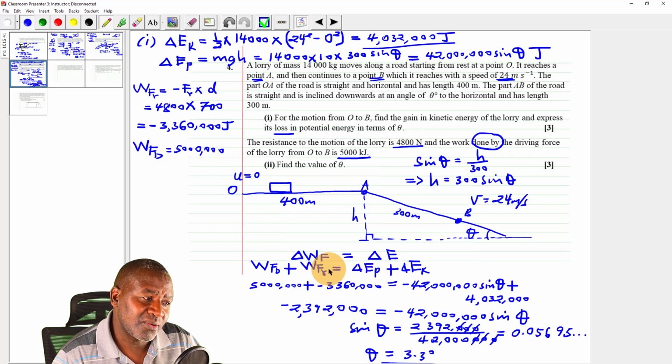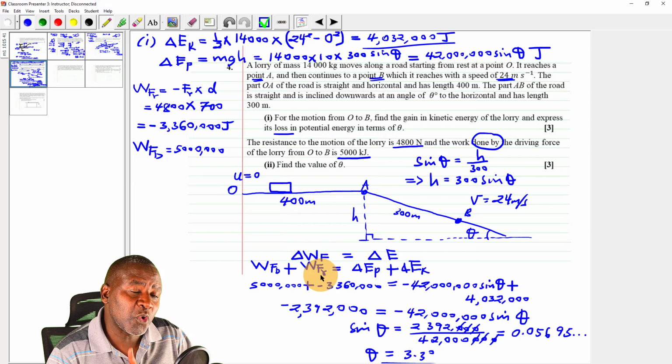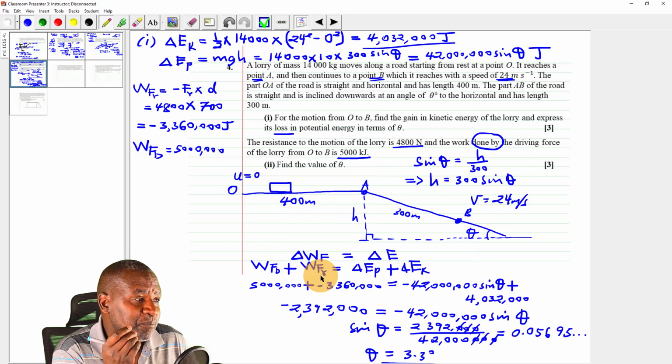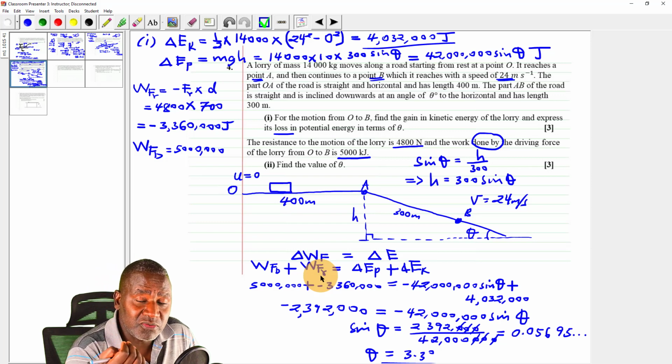Then the examiner has you work out work done by resistance. But the examiner always introduces or uses these terms here. Wherever there is a negative sign, the examiner will call it a loss, which is all right. So go with what the examiner wants to write down.